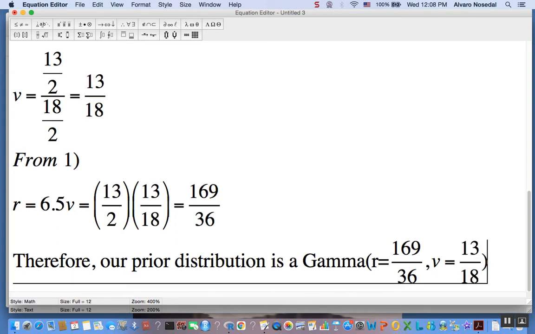So we have our first ingredient, our gamma distribution, our gamma prior.